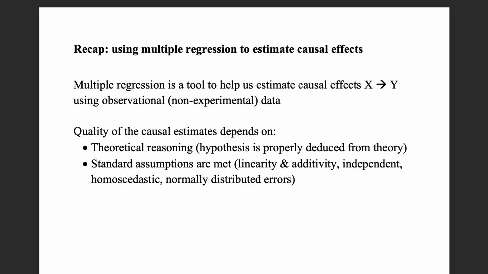The errors in our regression equation need to be independent from each other, so there should be no systematic relationship in the value of the errors across our cases. The errors should also be homoscedastic, so that the distribution of the errors should be constant over the values of our x variables, and those errors also should be normally distributed, so the distribution of the errors overall should roughly follow a normal bell-shaped distribution.